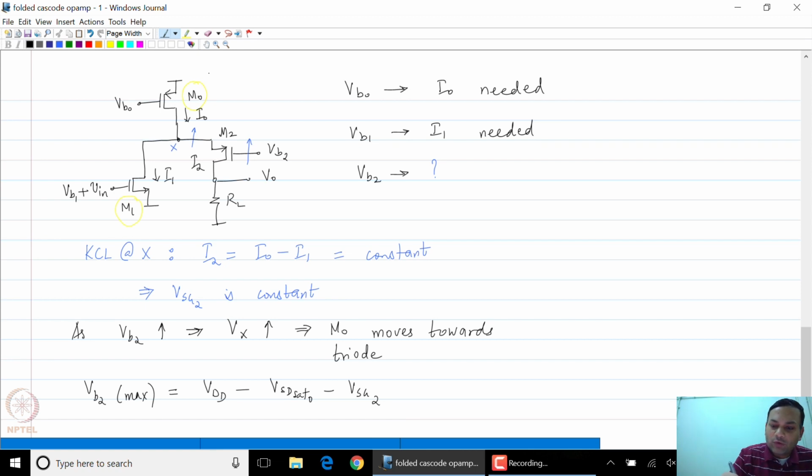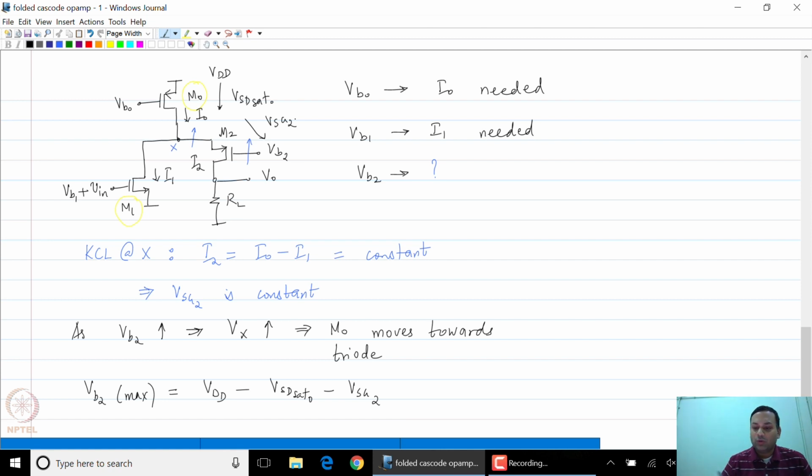In other words, this voltage is at VDD, so at the edge this drop will be VSD sat of 0, and this voltage is VSG2, and this will be the maximum value of VB2.